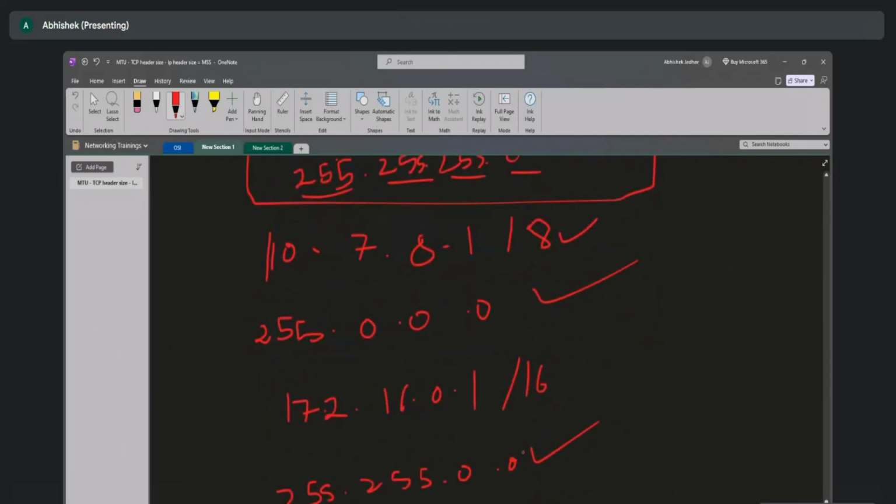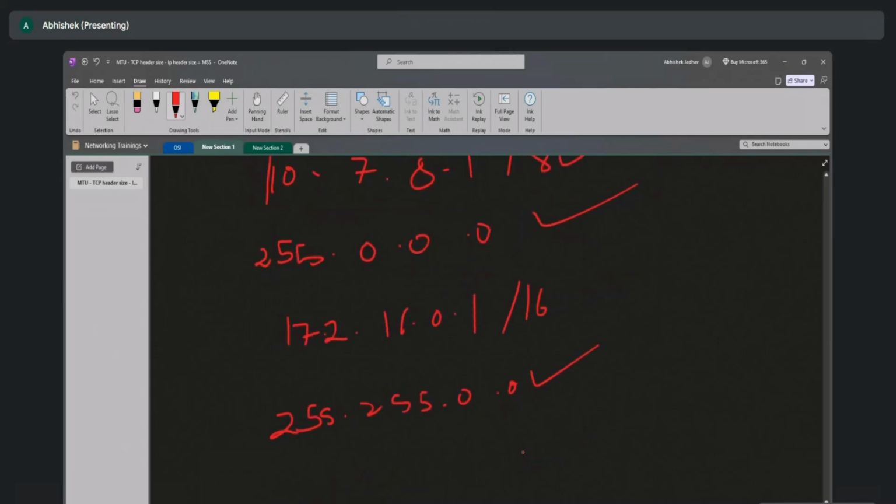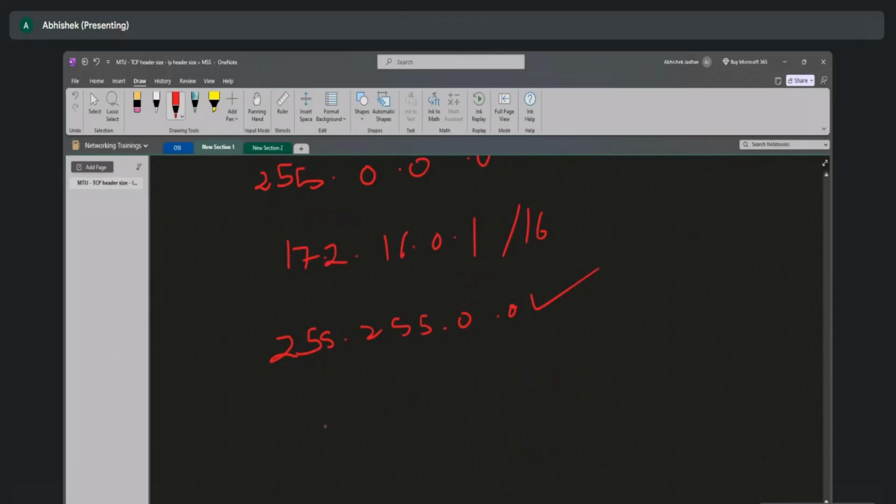Sir, if we take 8, 16 and 24, now if we take 17 or 21 or 19, what will be the mask? I got your point. That is what subnetting is, so that is the next session.